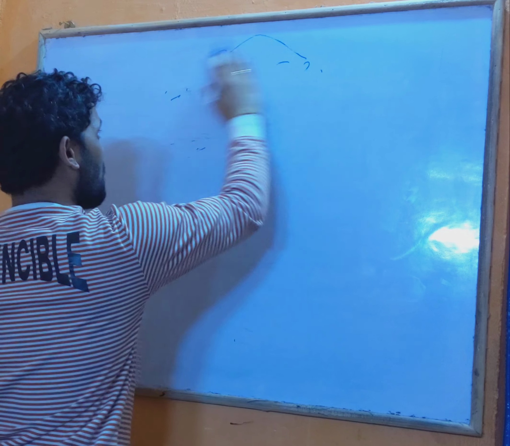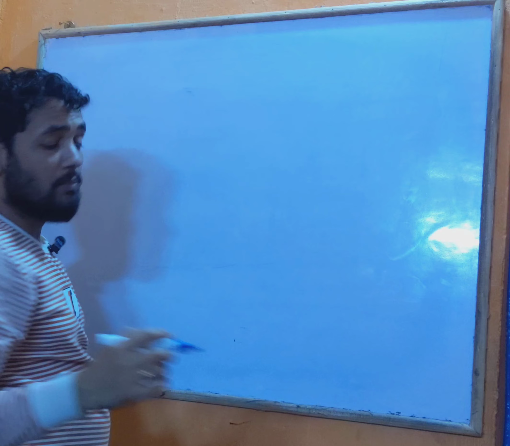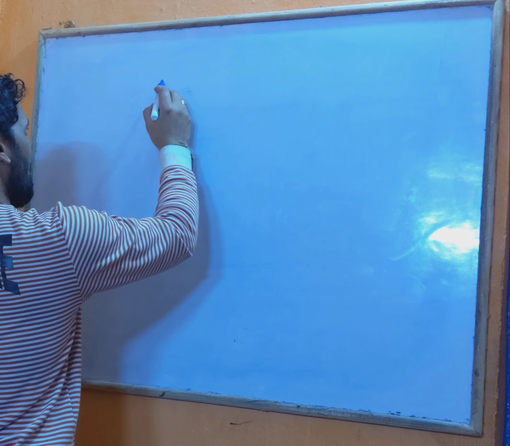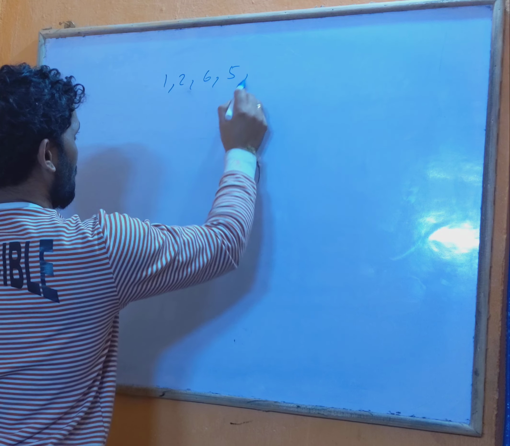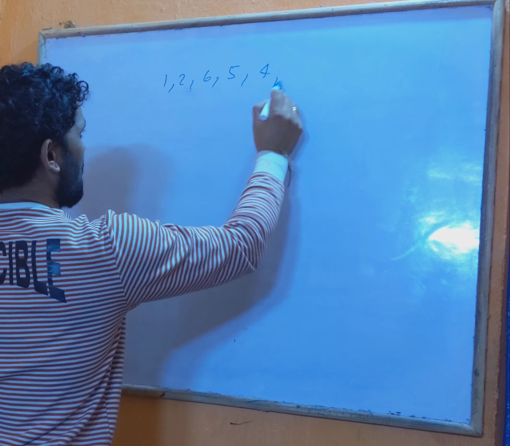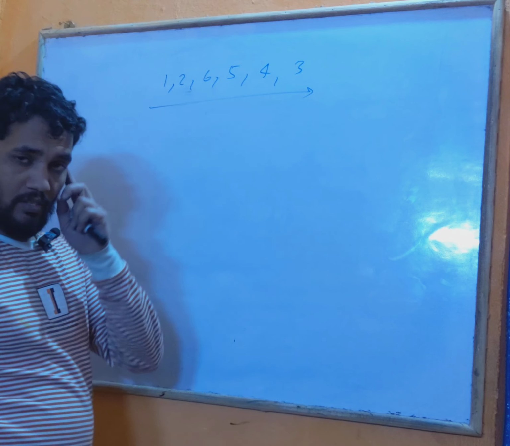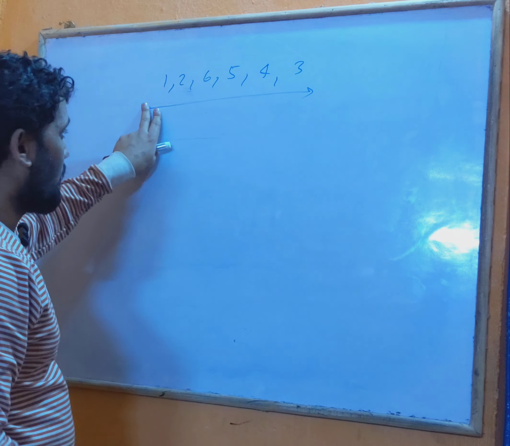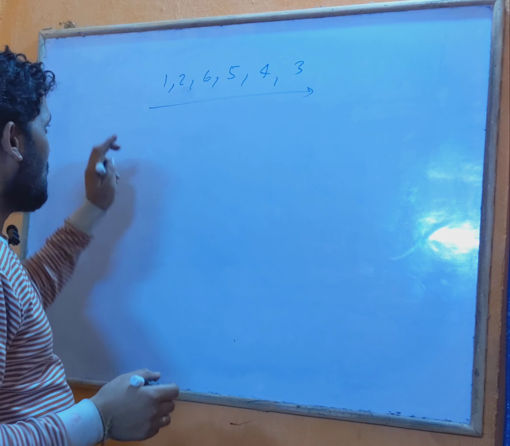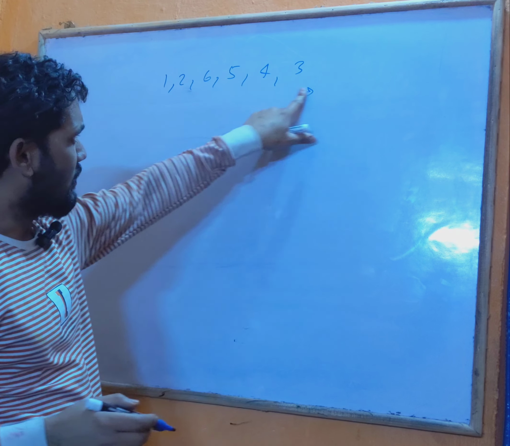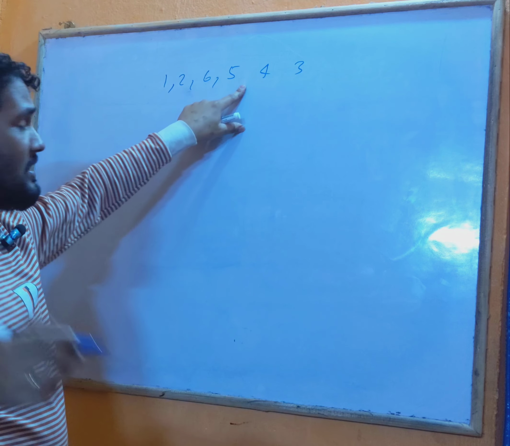Next question is, what is the median? Consider an example: 1, 2, 6, 4 and 3. These are your observations. Now, what is the median? To find the median, first arrange all the observations in ascending or descending order.